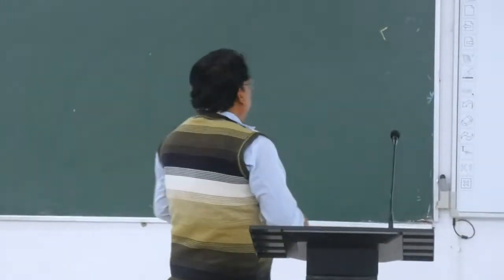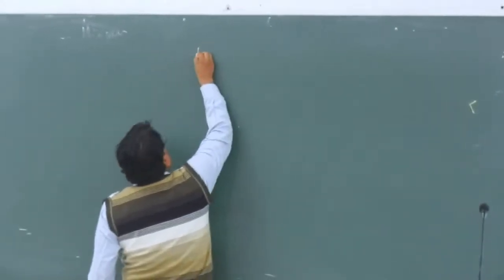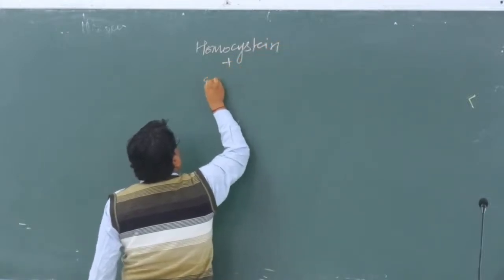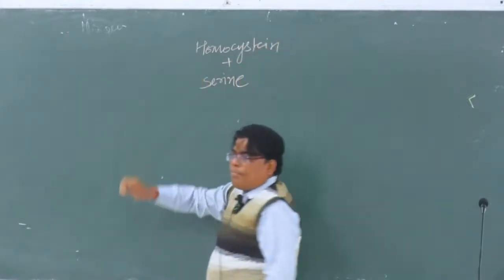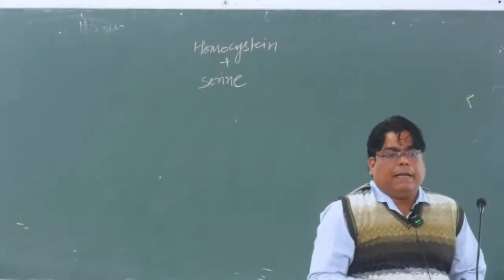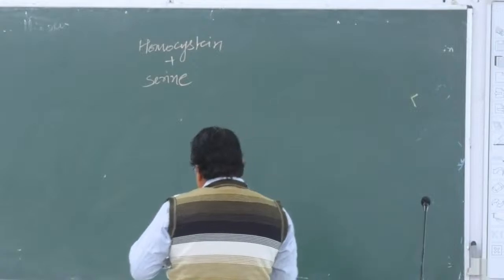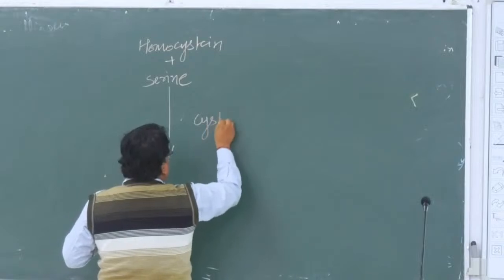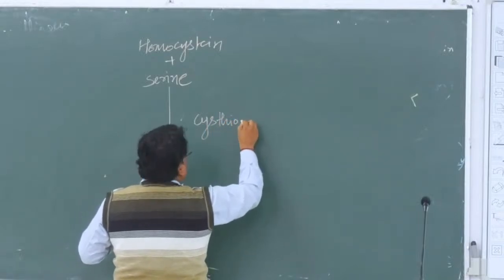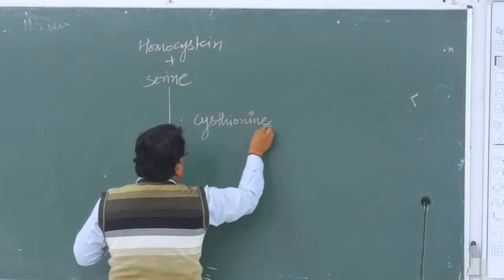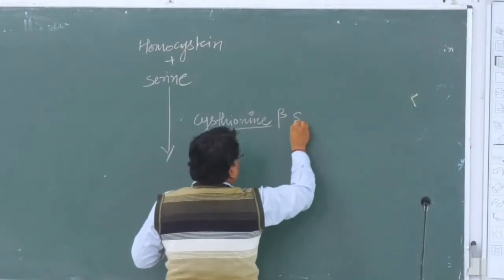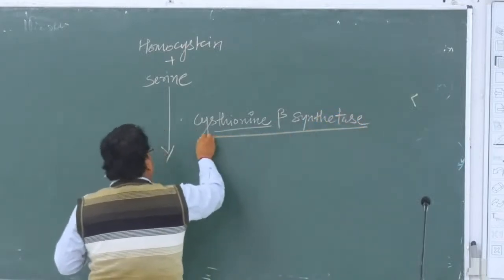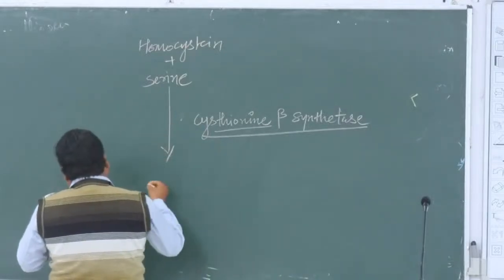Now in this reaction, homocysteine is combined with serine, with the help of the enzyme cystathionine beta synthetase, forming cystathionine.